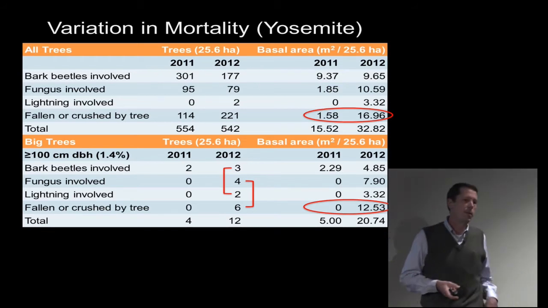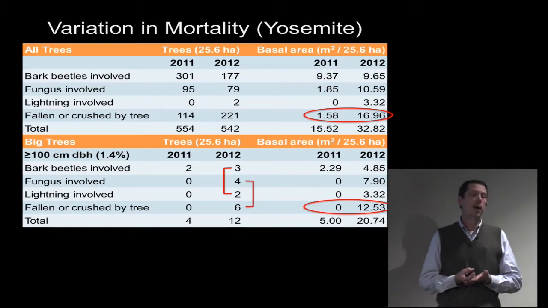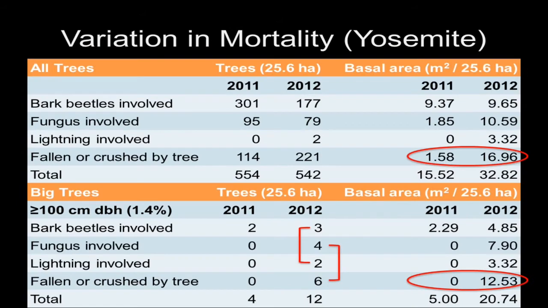So this is a table of 2 years of mortality in Yosemite. The top part is all the trees, all the mortalities. If you look at the total, 550 mortalities in each year. If you were just looking at the total number of trees that died, it would look like mortality is the same. Not very interesting.